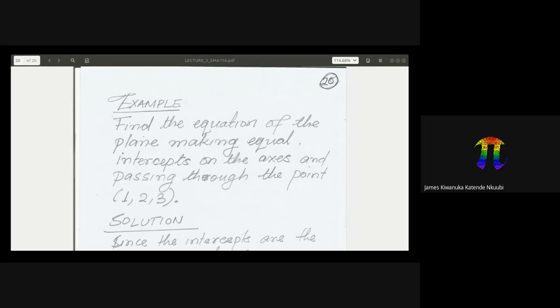So Ngare has found x plus y plus z is equal to 6. So let's see if we agree with that. Anthony's answer agrees with Ngare. Omolo has a different answer.